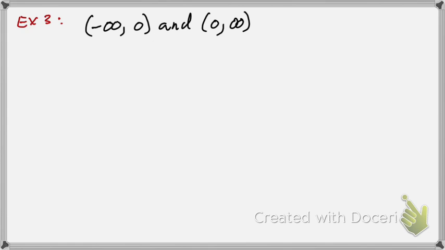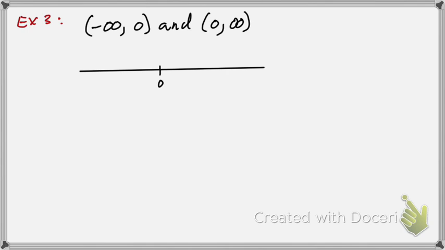So I got negative infinity to 0 and 0 to infinity. And notice these are open intervals. We're not including the endpoints. So number line, I'm seeing 0.